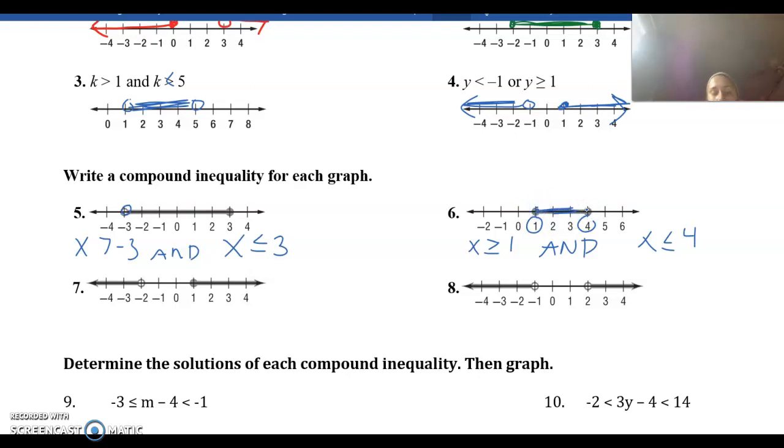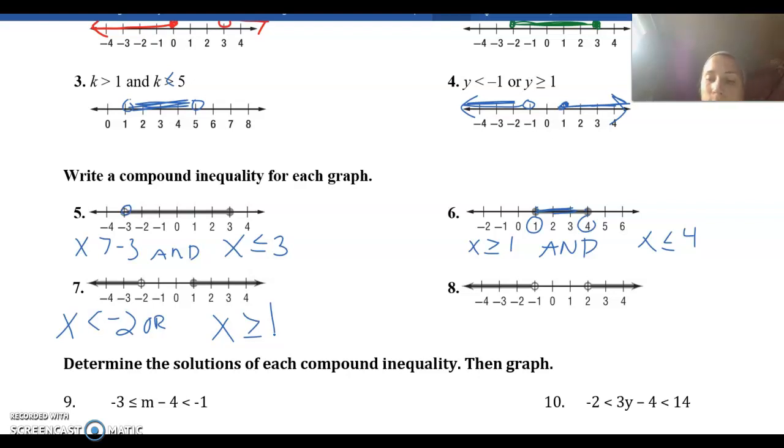For number 7, we have it going both ways, so we have "or". We have an open circle over here on the left, so x is less than -2. And we have x is greater than or equal to 1 because we have a closed circle on 1 going to the right.